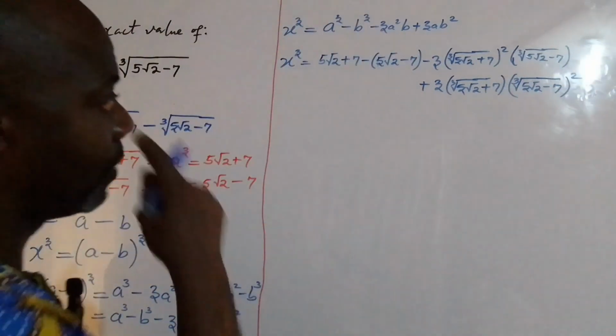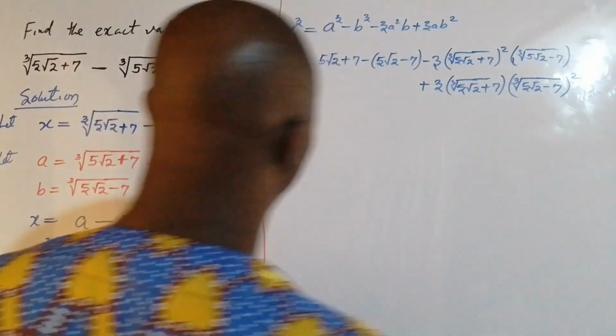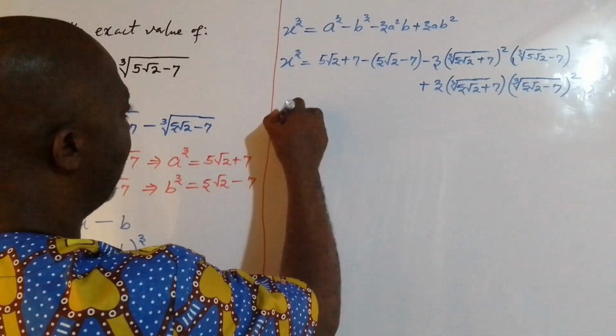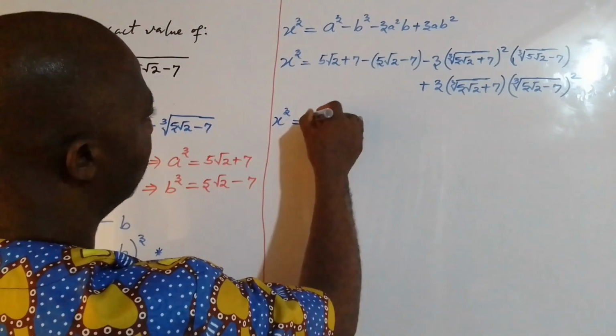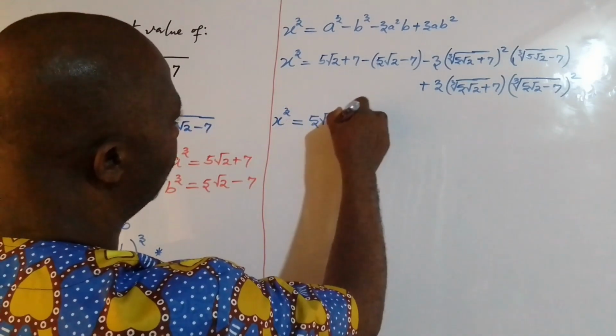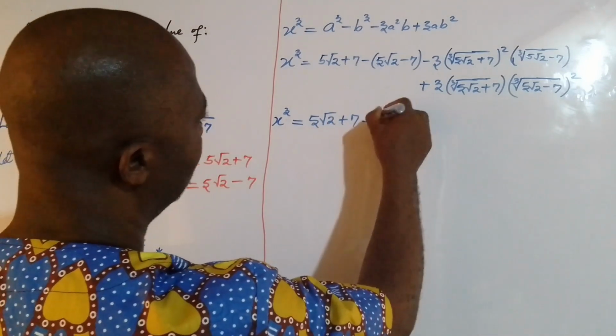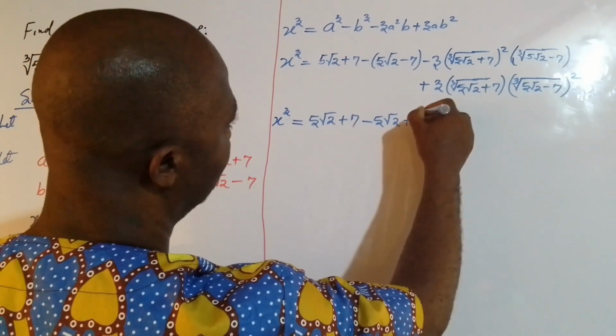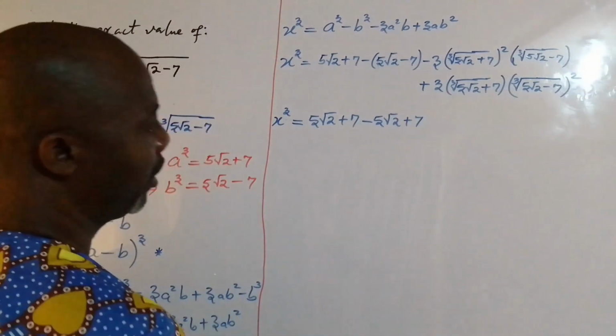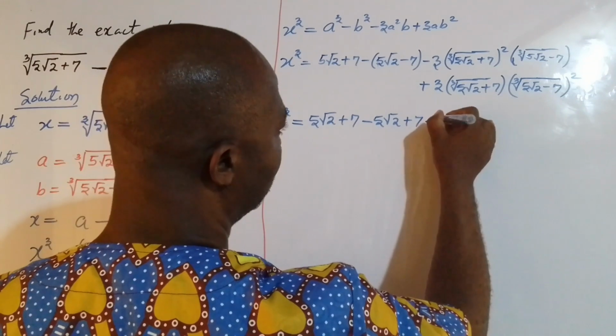All right, so from here, next we have x cubed. X cubed will be equal to 5 root 2 plus 7 minus 5 root 2, that's expanding this bracket, plus 7. Okay, then minus 3.